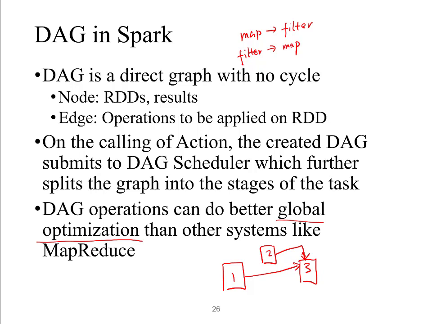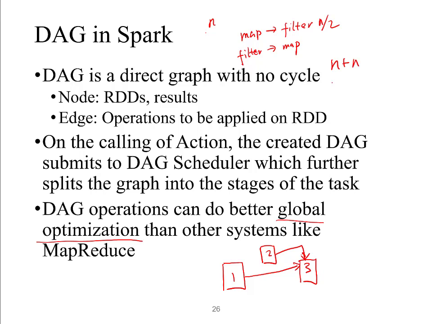In this case, the complexity of the filter operation is always the same. Let's say we have n elements, and after the filter we have half of them. So if we do map first, then filter, we will do map for n elements and filter for n elements as well.